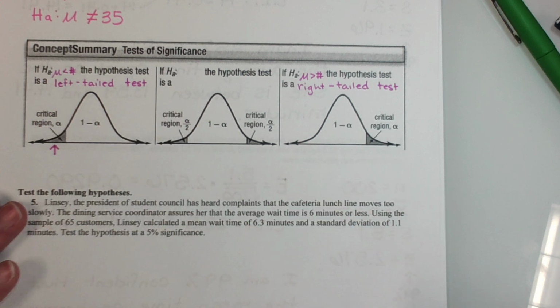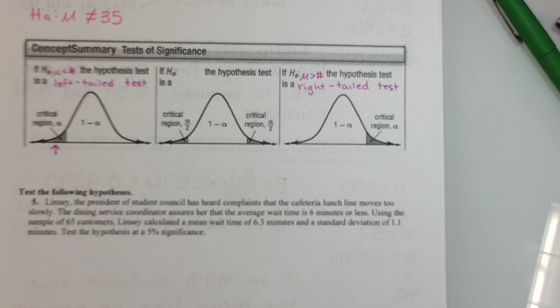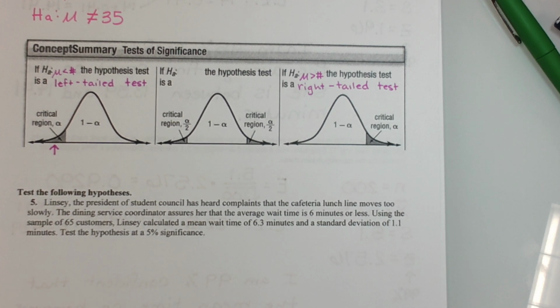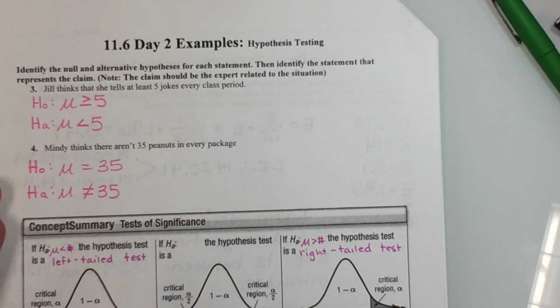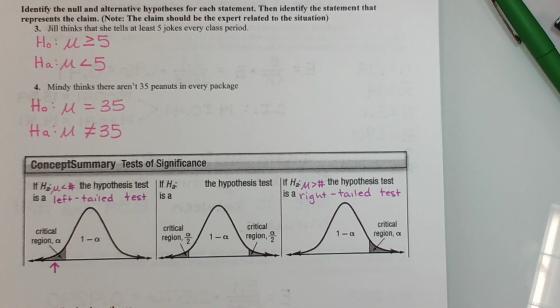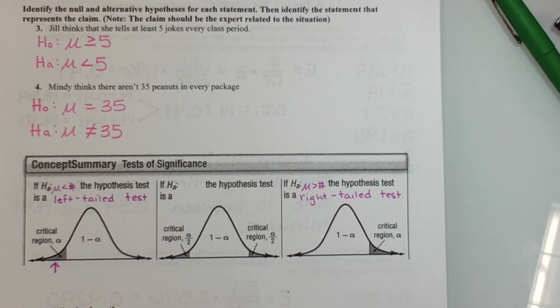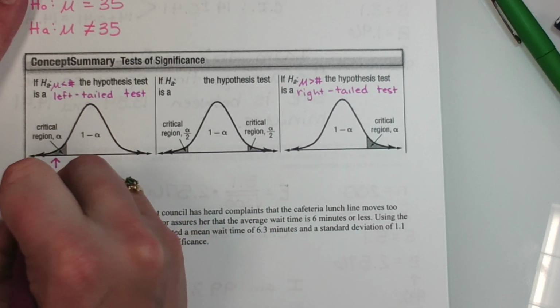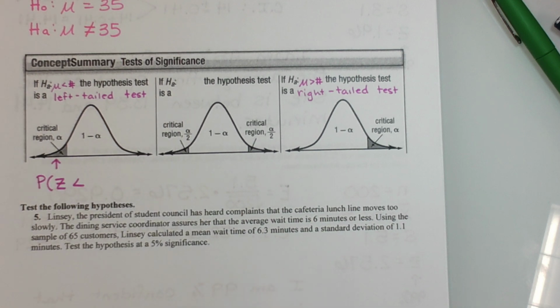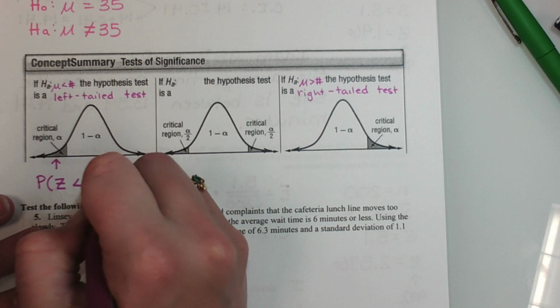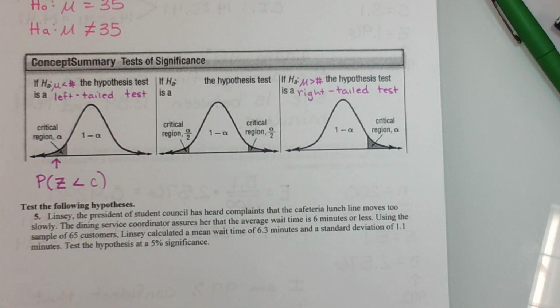It fits over here when it's less than, because in a situation where your alternative hypothesis is less than, the expert claim is greater than or equal to. And so you are able to step in and prove them wrong if you have enough evidence to prove that it's that less than. So what you're going to end up doing is looking for the probability of a z value being less than whatever you get for z. I'm just going to put c there.